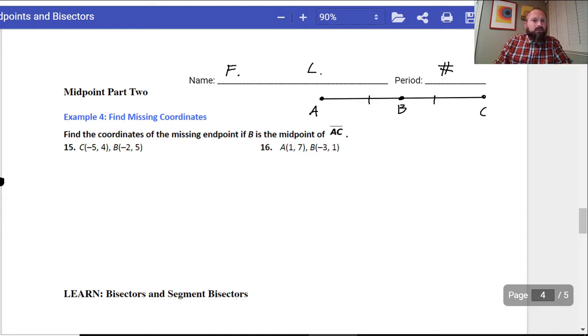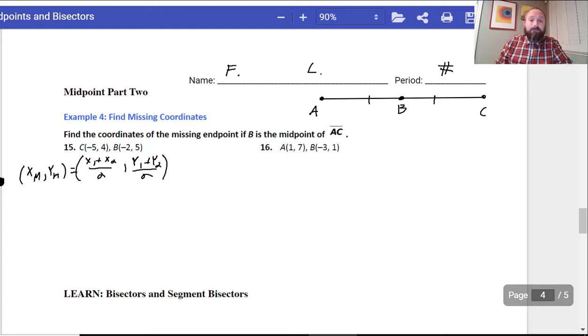So now when I make these, I'm going to have to understand that B is my midpoint. So if I remember correctly, my midpoint formula is this: x1 plus x2 divided by 2, comma, y1 plus y2 divided by 2. So I'm going to fill in all the information I have.